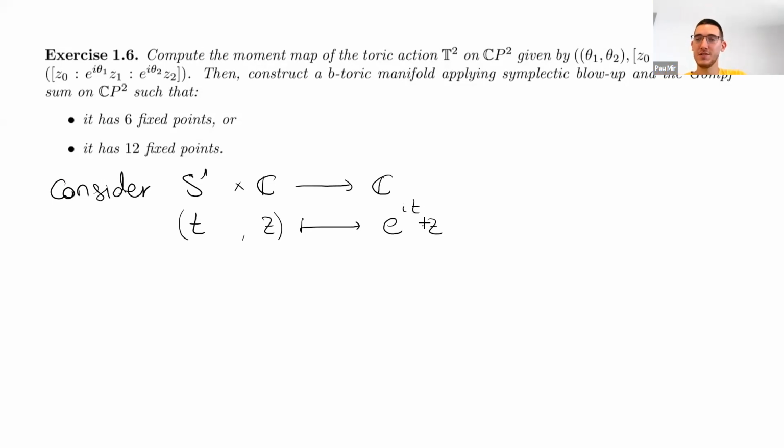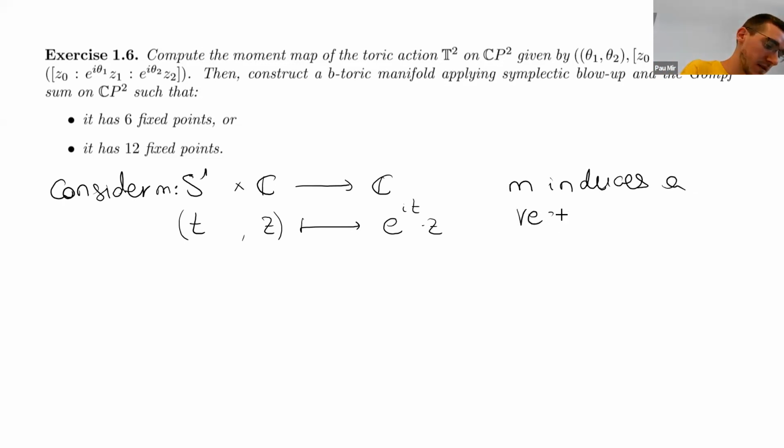To compute the moment map of this action, we could use a complex coordinate, but it's easier in this case to pass to real coordinates, since we know the vector field corresponding to a rotation around the origin. Let's say that we are considering this action, and it induces a vector field on C, or we can think that it induces a vector field on R2, which is the following one.